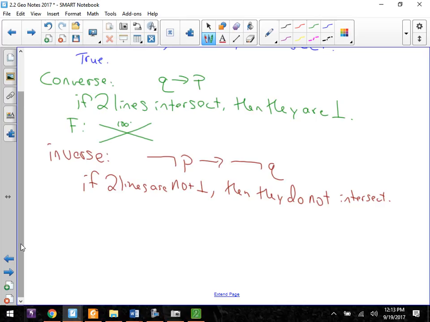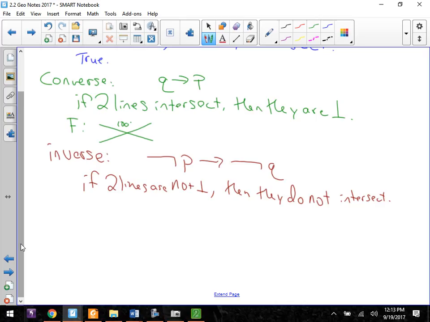Two lines are not perpendicular, and you can use the exact same example. It's false. If two lines are not perpendicular, that just means they don't measure 90, not that they don't intersect.